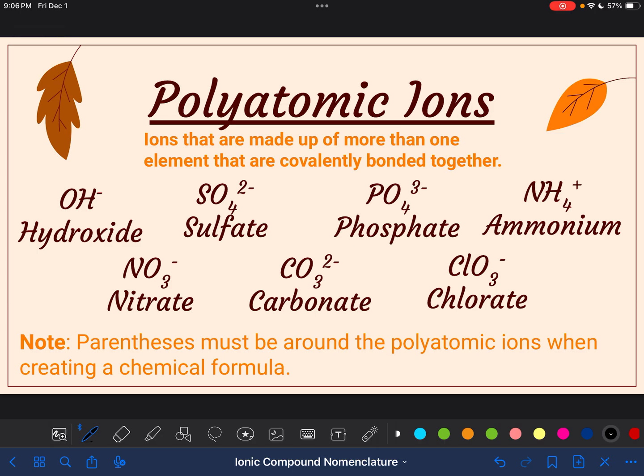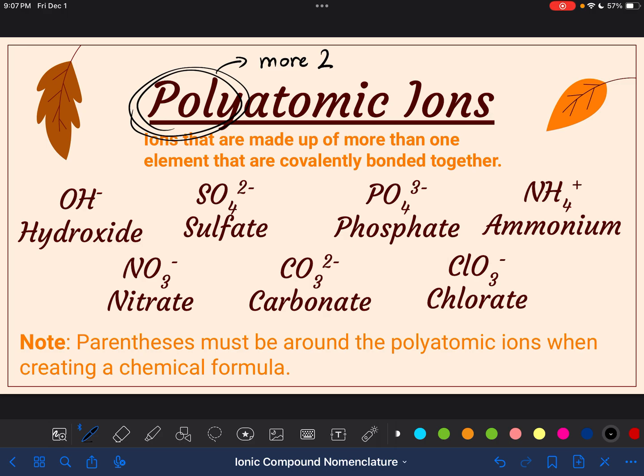But there are things that you do have to memorize, which are called polyatomic ions. Now, what are they? Well, poly, if you don't know what poly means, it's basically more than two, or 2 or 3 and so on. But polyatomic ions, so there are more atoms in this compound.